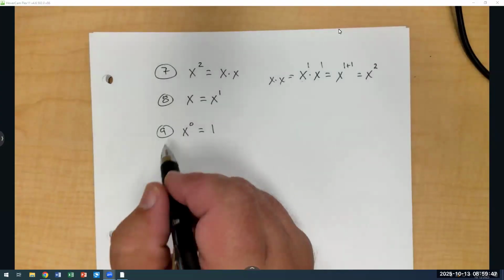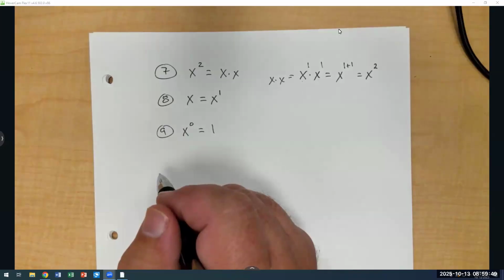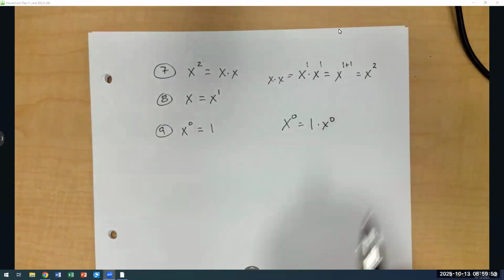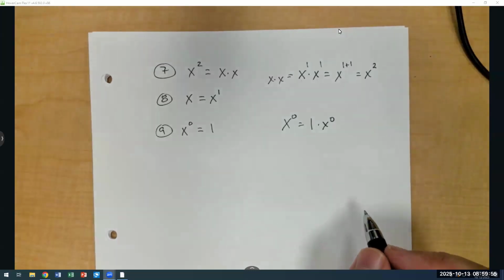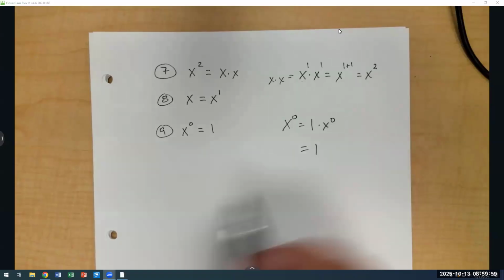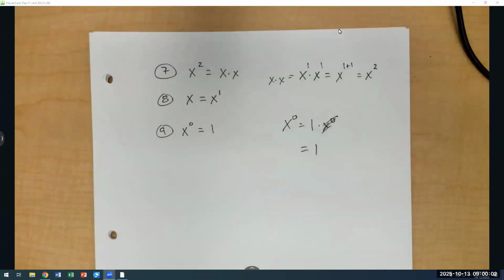Every number has what in front of it? So x to the 0 is the same thing as 1 times x to the 0. So looking at the way you answered it, yes, that means there's no x's, which means it's just 1. Yes, but that's more of a philosophical proof instead of a mathematical proof.